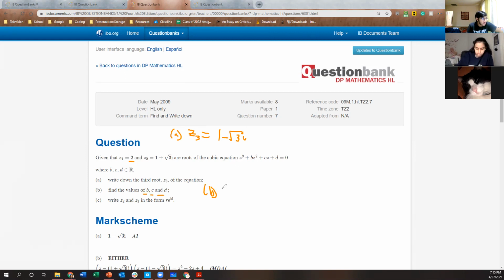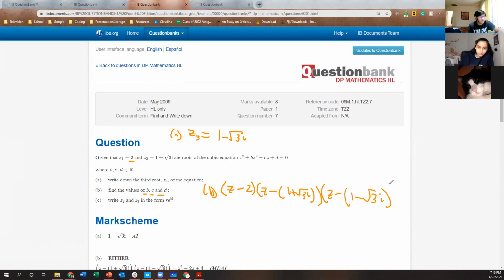What I would do is use the factor theorem, or something like that. I don't remember the names of the theorems. If we have (z minus 2) times (z minus 1 plus root 3i) times (z minus 1 minus root 3i), right?